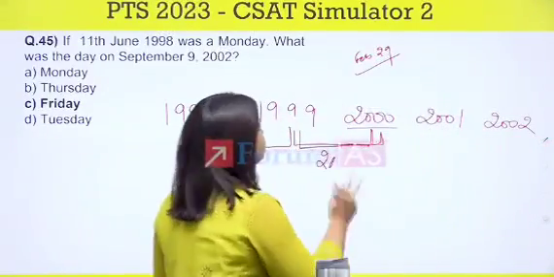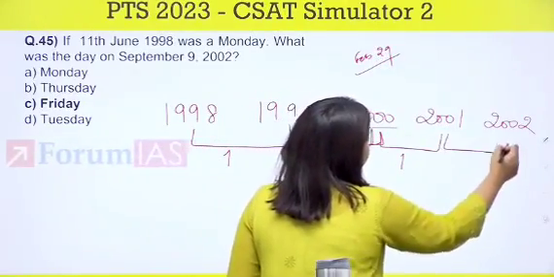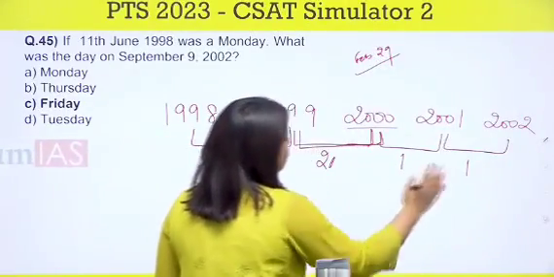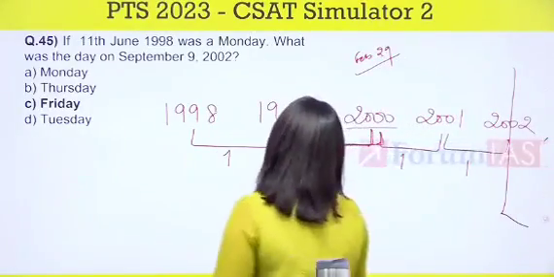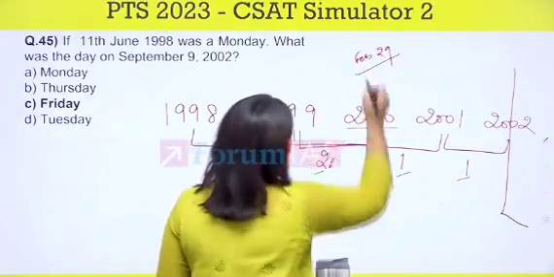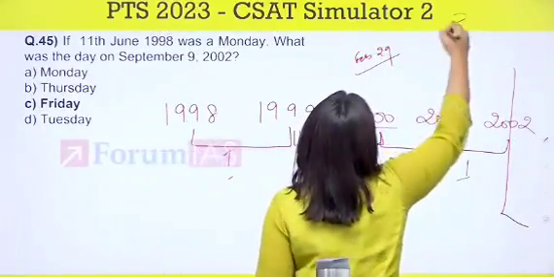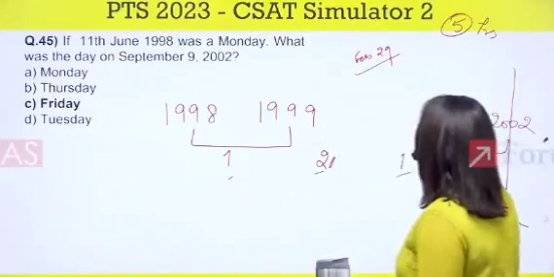Then from 12th of June 2000 to 11th of June 2001, one odd day. From here to here again, one odd day. What happens after 12th of June 2002? I will calculate later, but right now I have 2 plus 1, 3, plus 1, 4, plus 1, 5. I have 5 odd days from the years. Okay, this is the first thing I have to calculate.